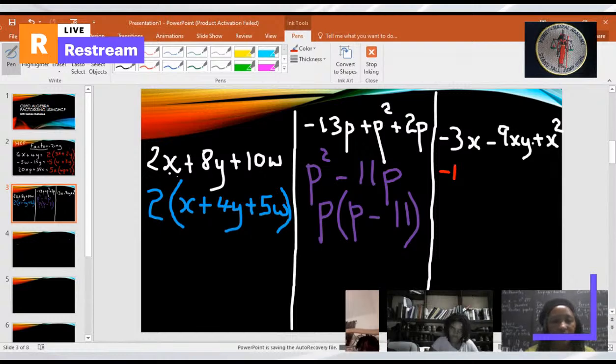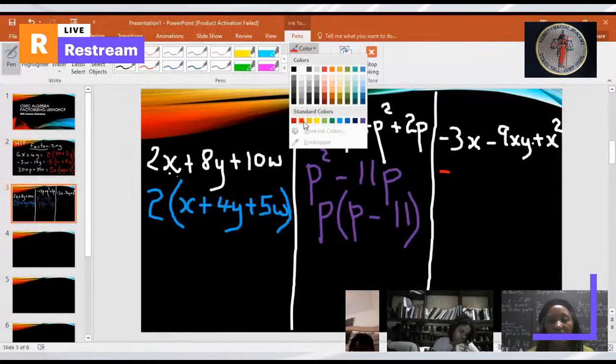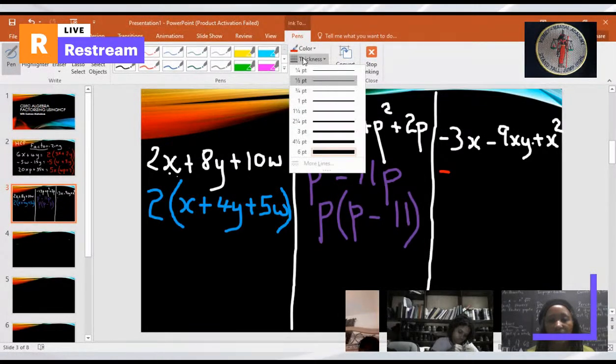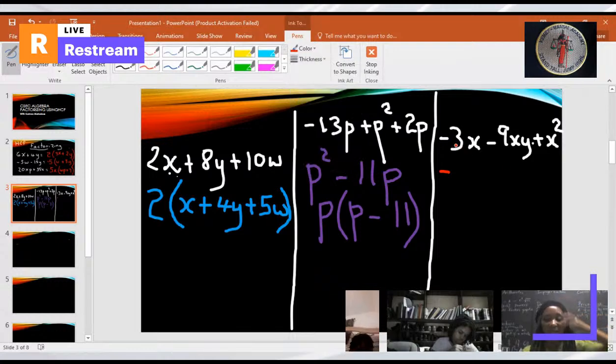Why not the 3x though? Because 3 can go into 9? Yes, but 3 can't go into x squared. So even though the 3 can go into negative 3 and it can go into negative 9, we have a coefficient of 1 here, which will leave a fraction of 1/3 if we try to factor out a 3. But we want to avoid using fractions when we're factorizing.